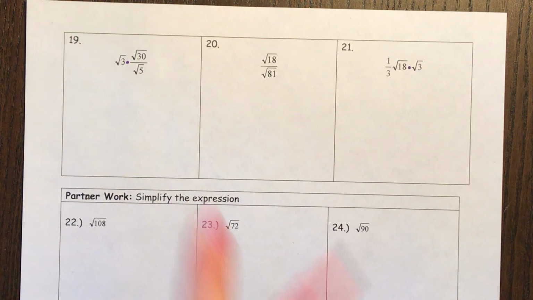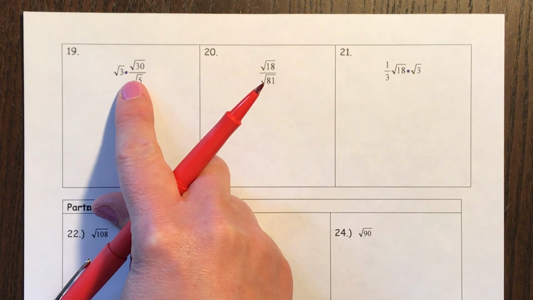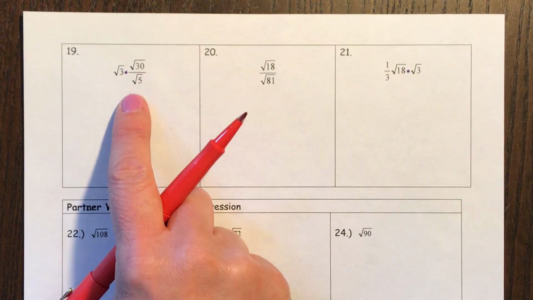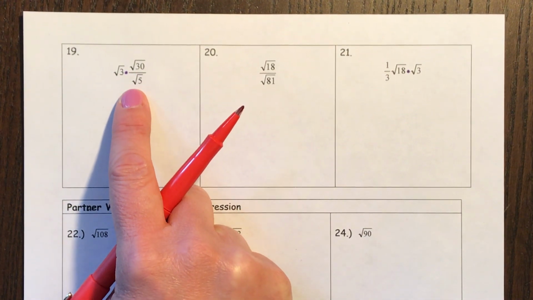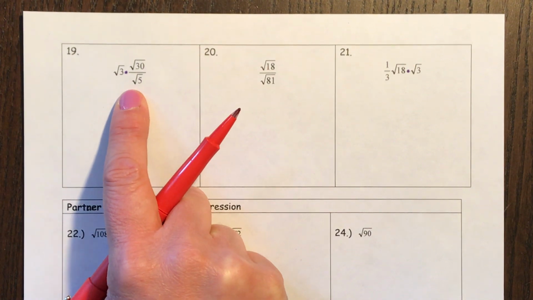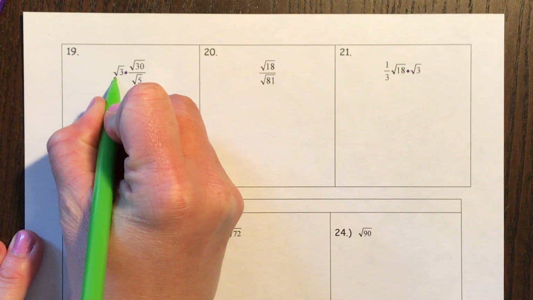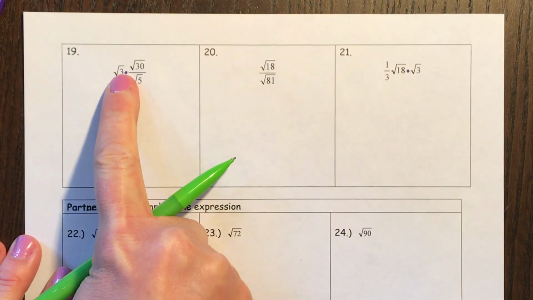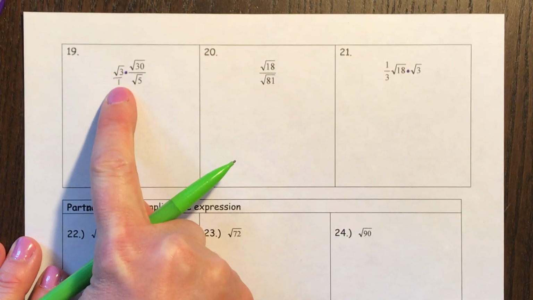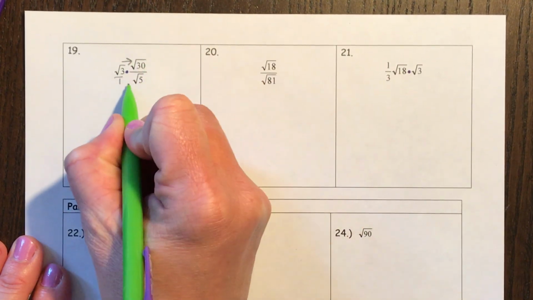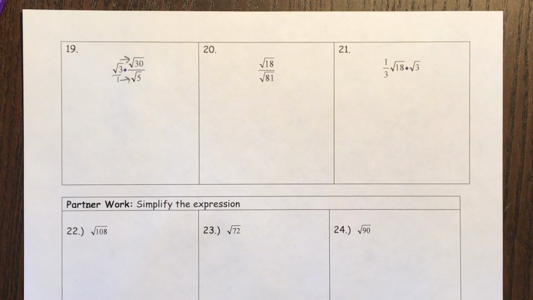So here we go. I'm going to start with this one up here, number 19. The square root of 3 times the square root of 30 over the square root of 5. Now this is what I did to start the process. I viewed this as a fraction, kind of like the square root of 3 over 1. And when you multiply fractions, you can multiply straight across, top times the top, bottom times the bottom.